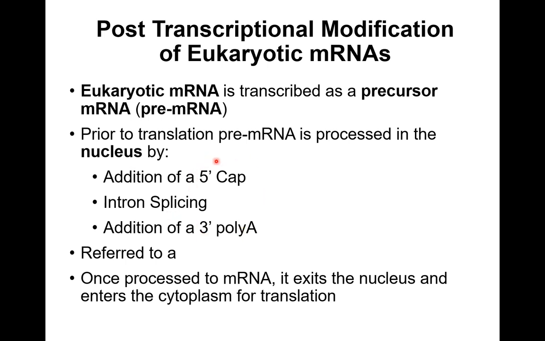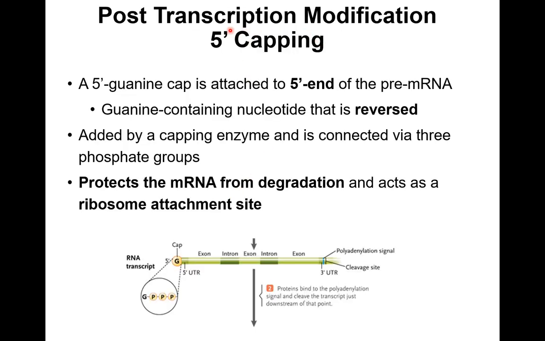So now, first step, let's go through them. Modification of the 5'. Now, this modification is necessary for two reasons. The precursor RNA, so that temporary immature RNA molecule produced by transcription, is not very stable per se. It would actually be degraded very quickly if it was not modified.